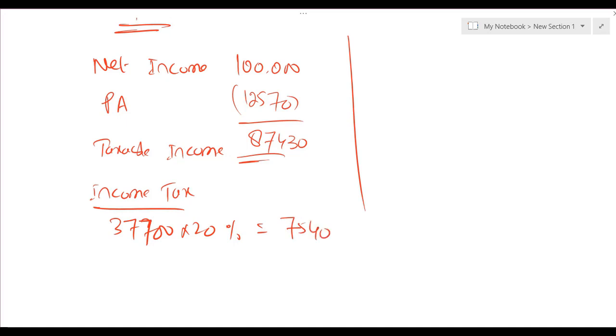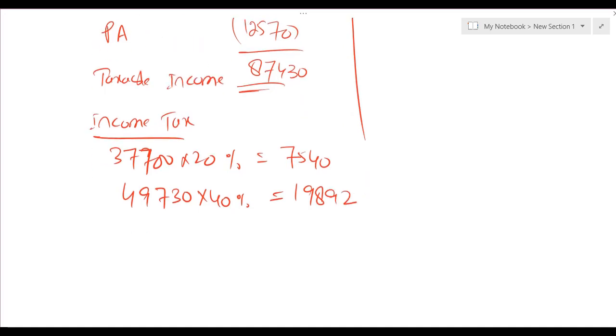From 87,430, let us deduct 37,700. 87,430 minus 37,700, so I'm getting 49,730 into 40%. It is 19,892.